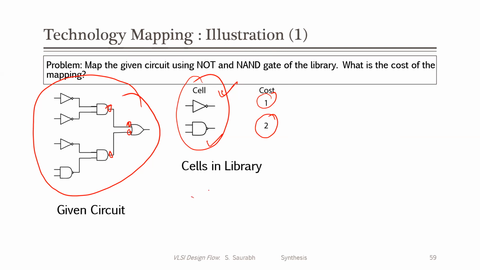Now consider an AND gate in which you have two inverters, suppose you have inputs A and B, and this is an OR gate. What will be this Z? This Z will be nothing but A bar plus B bar, right?